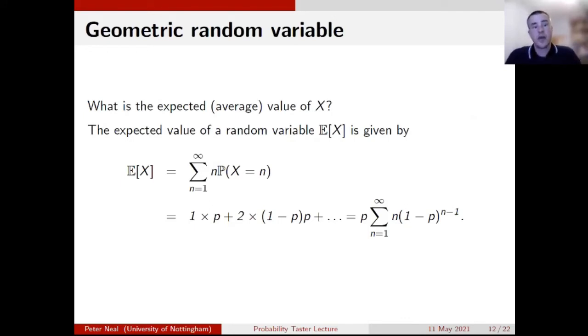It is given by summing up the probability that it takes n stickers multiplied by n. So we can write this out as 1 times p, where p is the probability we're successful first time, plus twice the probability that we have to wait till the second sticker. That will be one failure followed by a success, and so on.